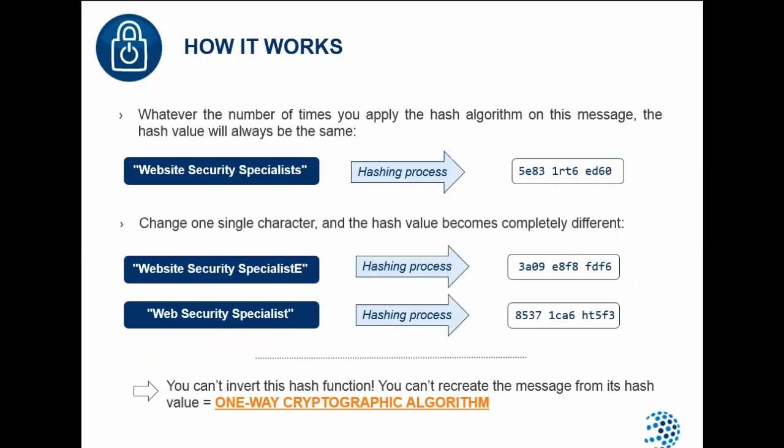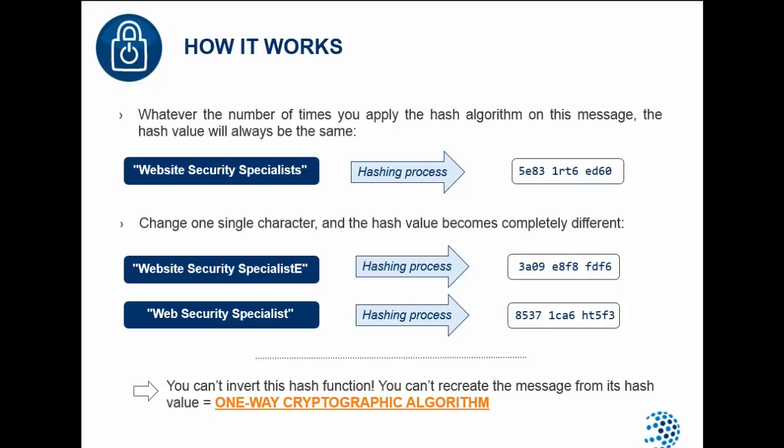How it works: however many times you apply that hash algorithm on a message, the hash value produced will always stay the same. Here you can see, as an example, the hash value for "website security specialists" on the screen.